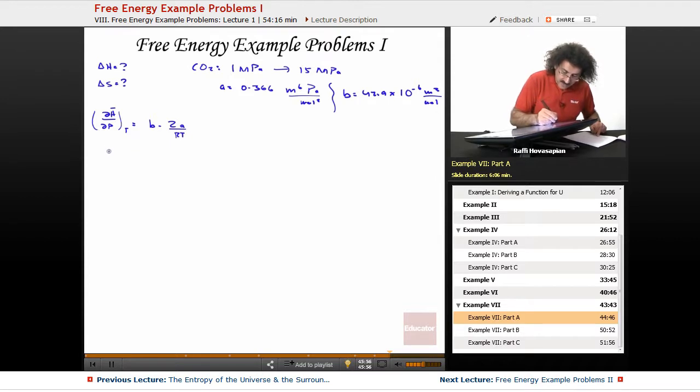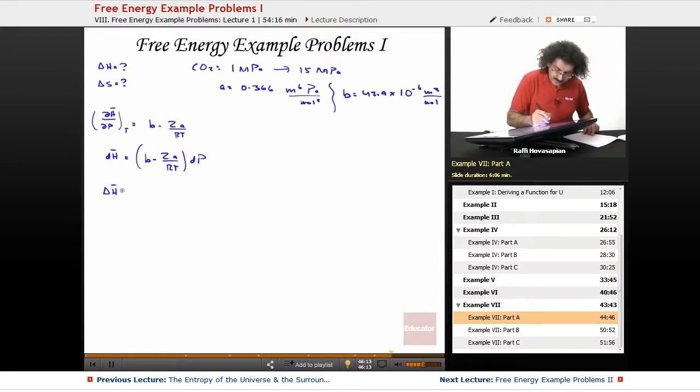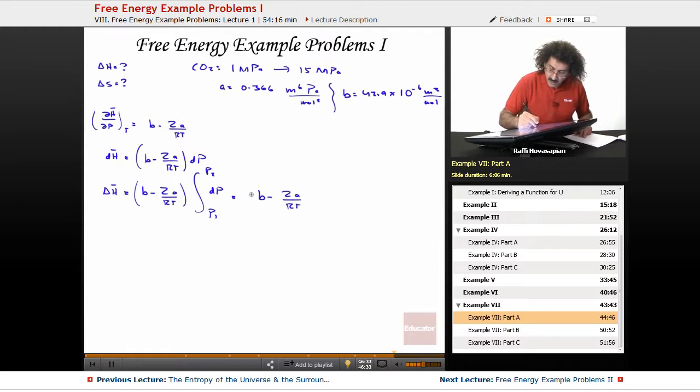Therefore, dH equals (B minus 2A over RT) dP. When I integrate this expression, I get delta H equals (B minus 2A over RT) times the integral from P1 to P2 of dP, and that's going to equal (B minus 2A over RT) times delta P.